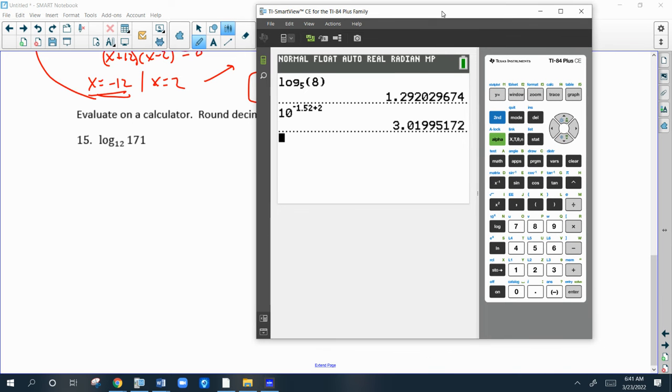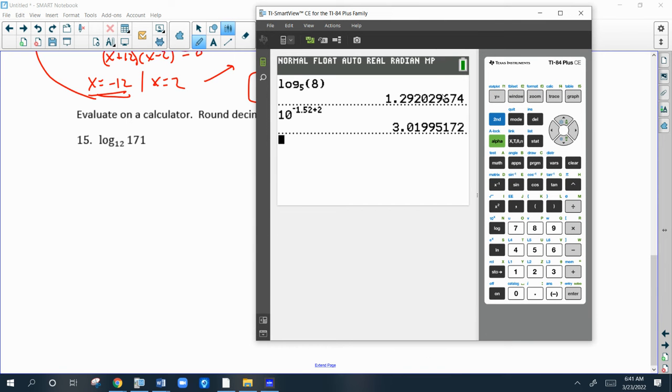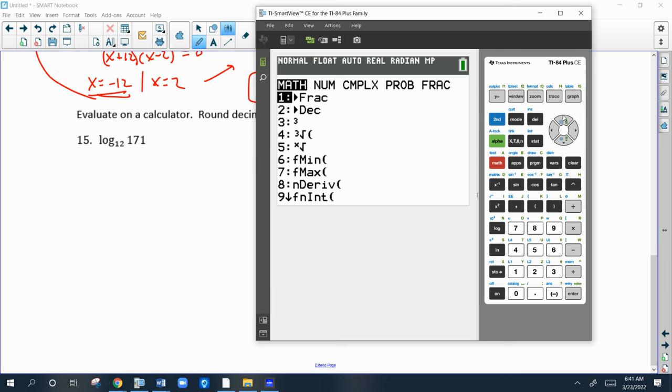Log base 12 of 171. You can use that change of base formula if you remember what it is, but you don't have to. That's going to come later on the review. The log base is found on math, and then just look for it. It's way down there.